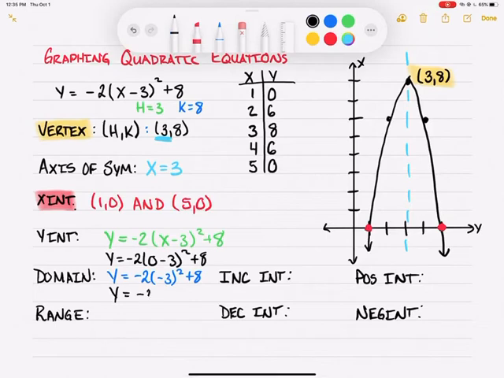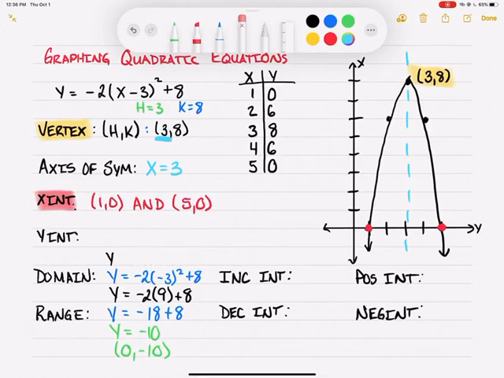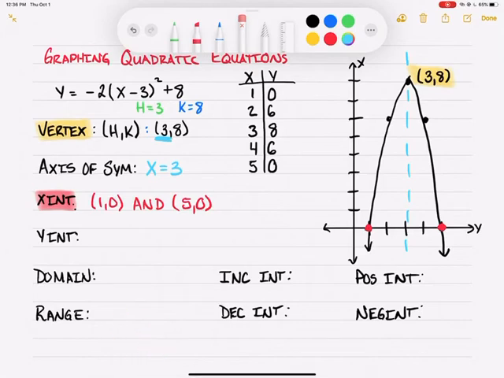So y equals negative 2 times 9 plus 8. y equals negative 18 plus 8. y equals negative 10. So my y-intercept is going to be 0, negative 10. Again, 0 because we plugged in 0 for x. I'm just going to write that down there, and we know it would be much further down in our graph, so we're not going to worry about that.